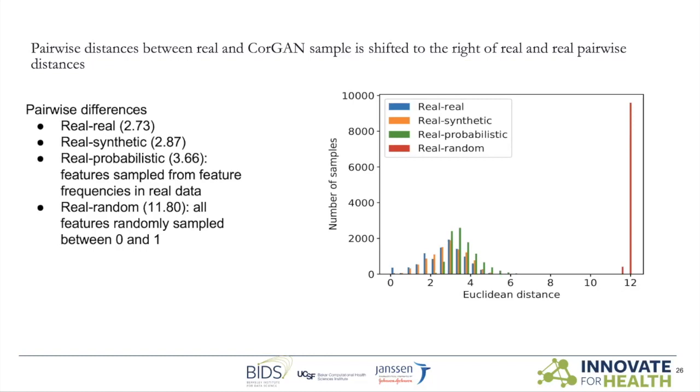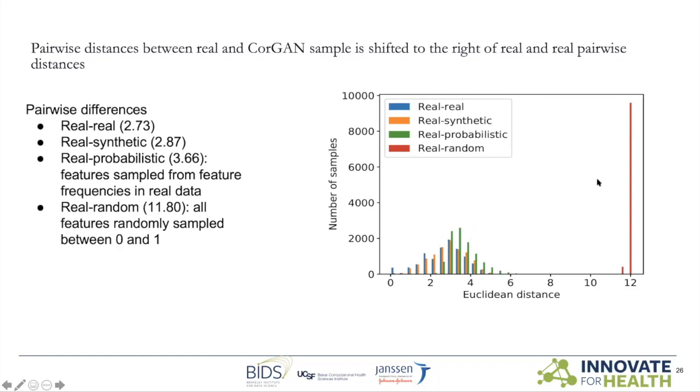The idea here is to have a less realistic synthetic data set, since it is just random sampling on the marginal probabilities of each of these features. It's not taking any of the correlations between these features into account. And then finally, as a very, very bad synthetic baseline, we did real versus a randomly sampled matrix where features are sampled between 0 and 1.